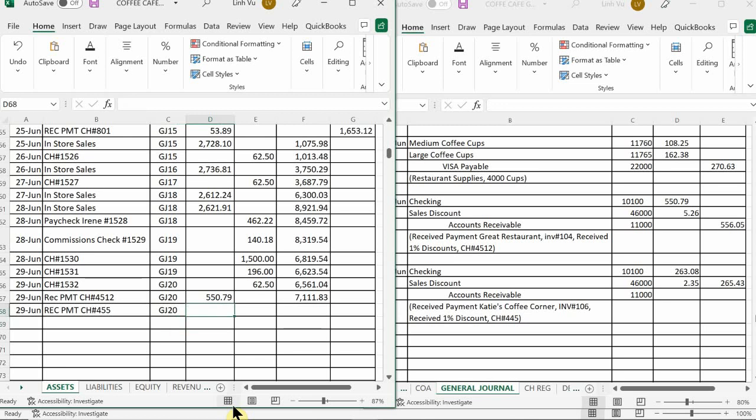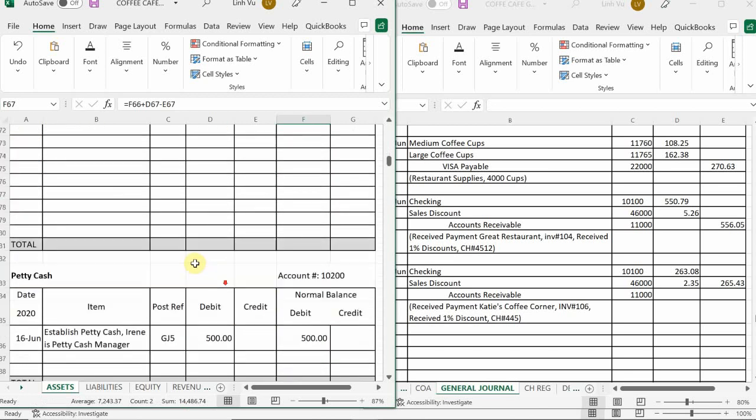Right, for how much? 263.08. So how much cash should I have in my checking account right now? $73,791.